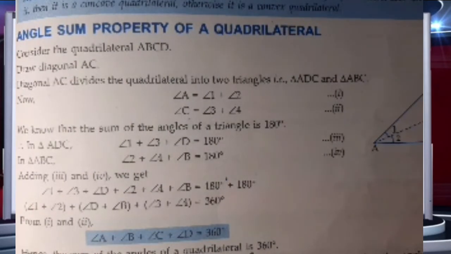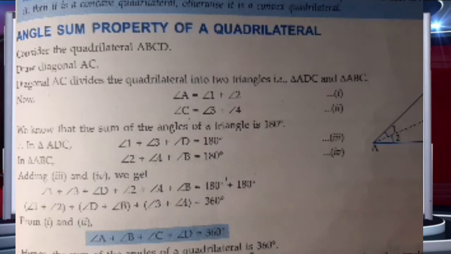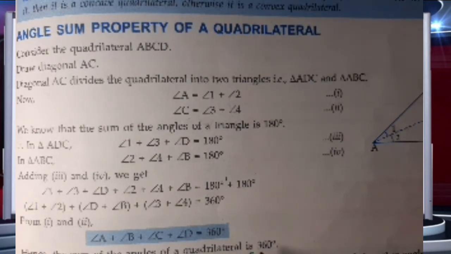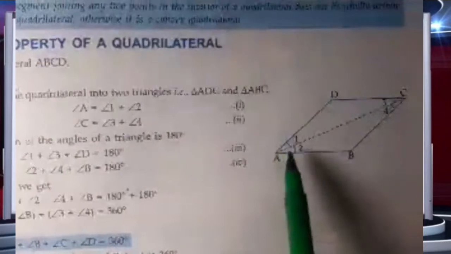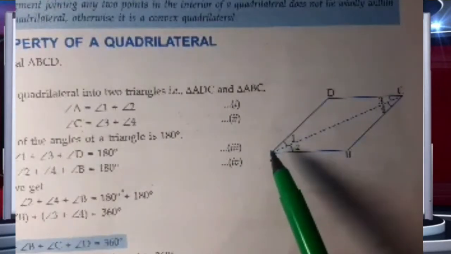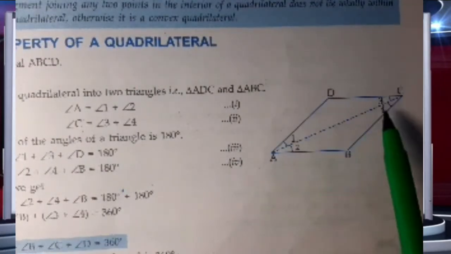Students, we have proved in the previous class, in class 5, that the sum of all the three angles of a triangle is 180 degree. Same way, here we will prove the sum of all the four angles of a quadrilateral is 360 degree. You can see here, this is the quadrilateral and I have drawn a diagonal AC.